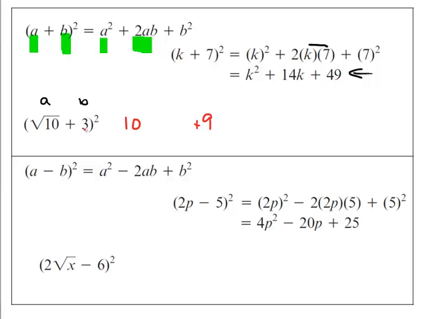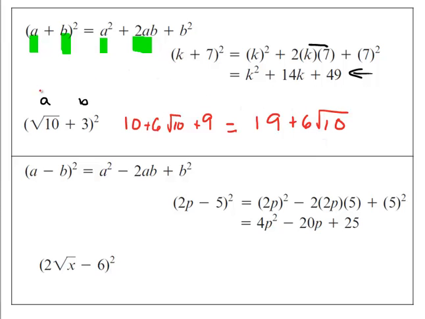And the middle term would be 3 times the square root of 10, times 2. So 3 times 2 is 6. Now I'm going to combine like terms and I'll end up with 19 plus 6 times the square root of 10. And by the way, I can't simplify the square root of 10 any farther.